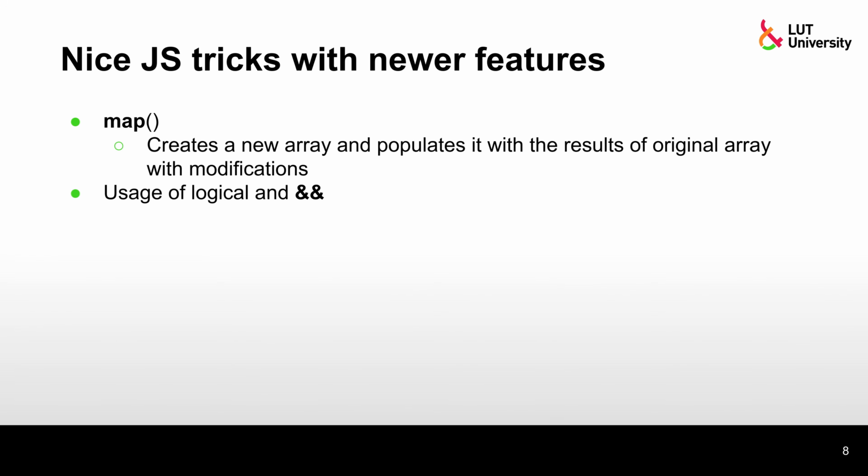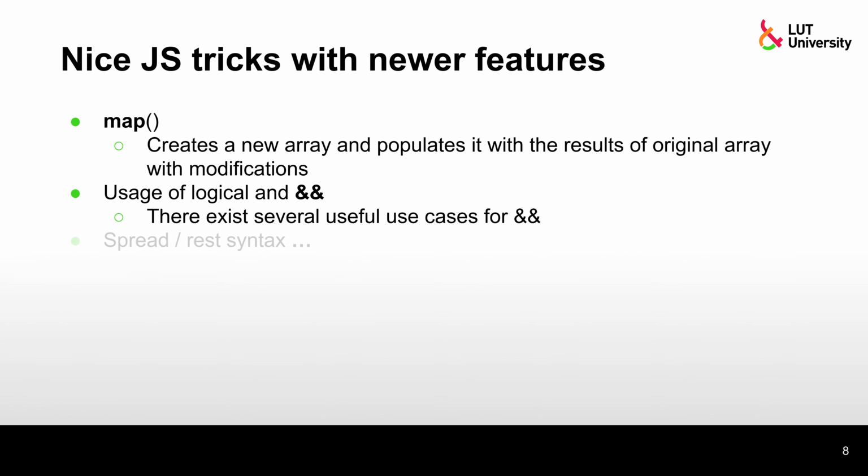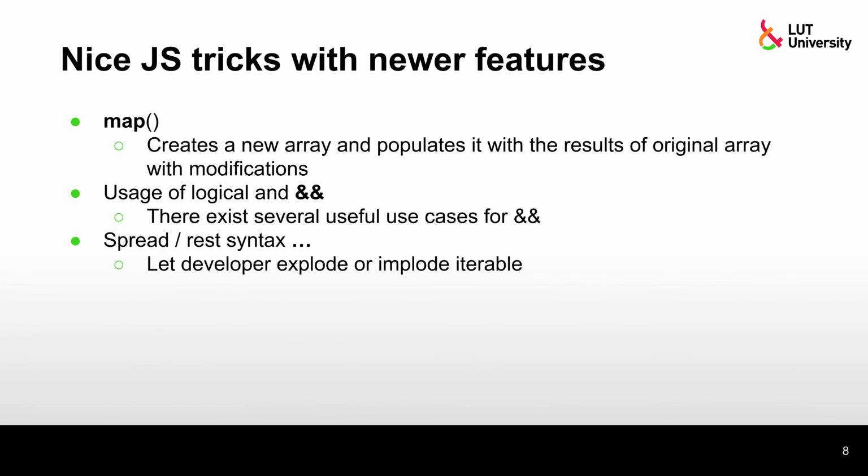Then we have this usage of logical AND, so when we are using two ampersands, and there exist several useful use cases for this, we will cover them later. Then there is a spread and rest syntax, 3 dots. This lets the developer explode or implode some iterable element.